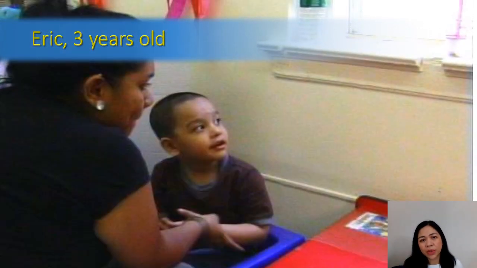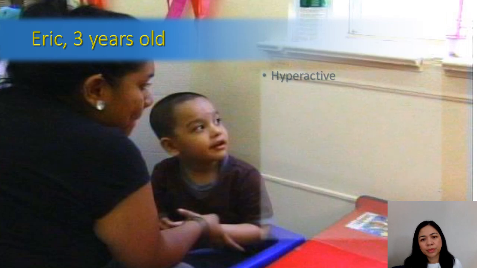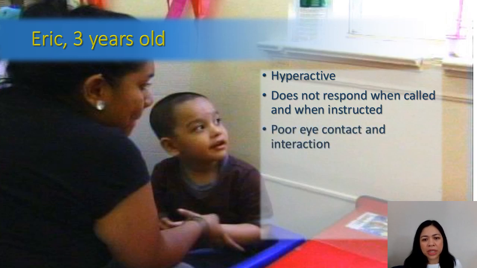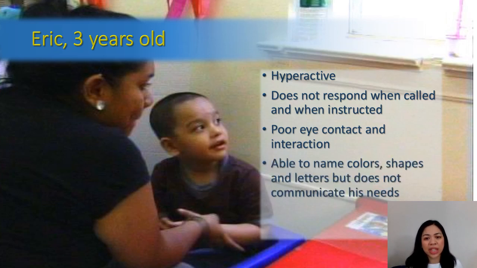So going back to Eric now, remember that he's hyperactive and he does not respond when called. This seems to be, especially with the poor eye contact and interaction, a deficit of social communication. He speaks because he can name colors, shapes, and letters, but he does not communicate his needs. So it's still an impairment in communication.